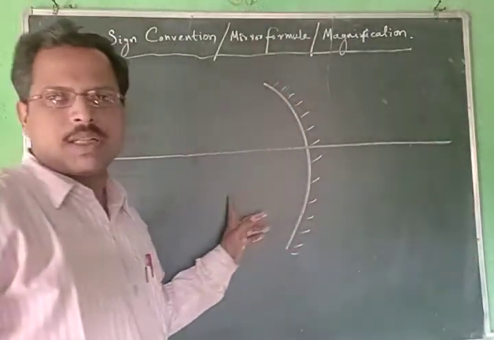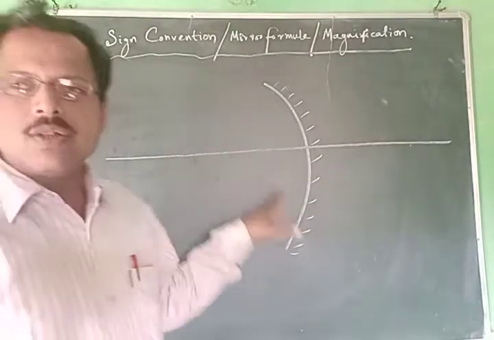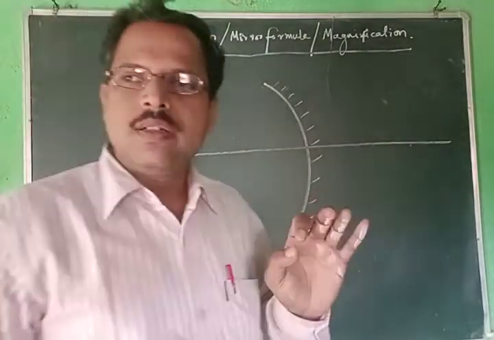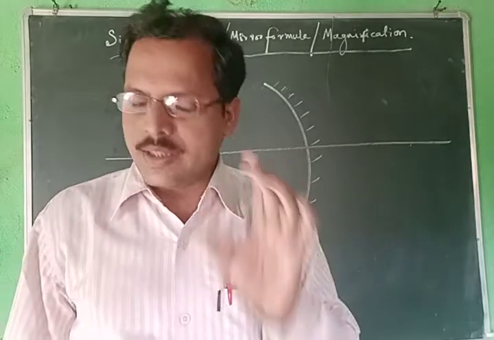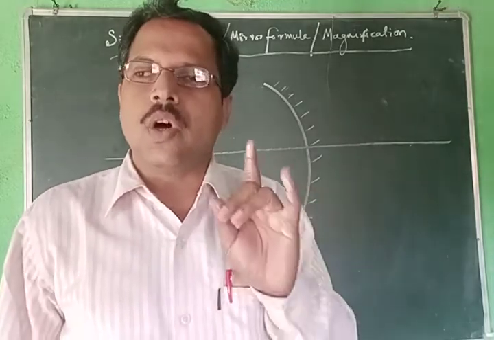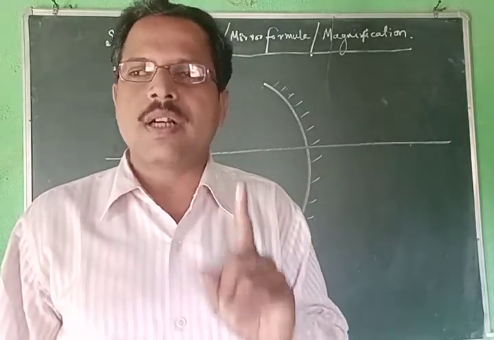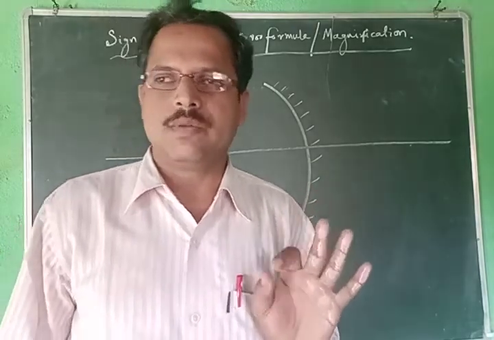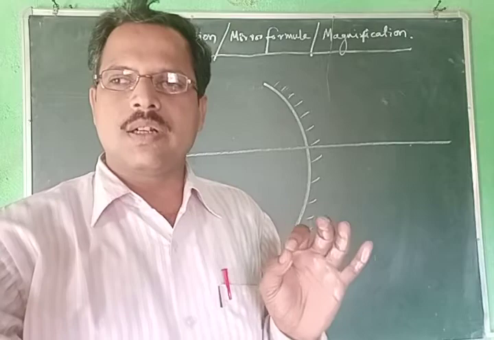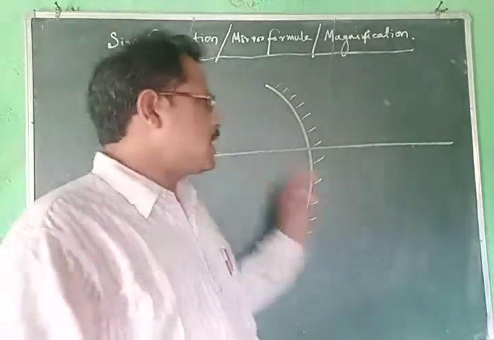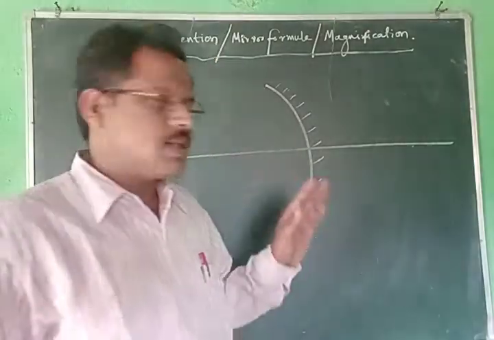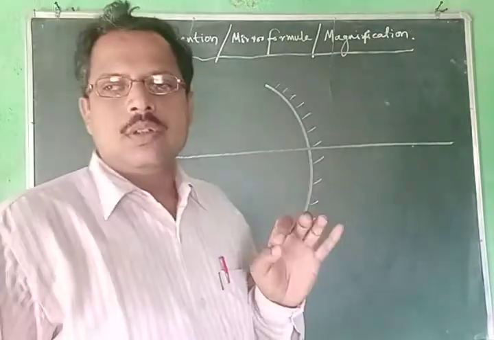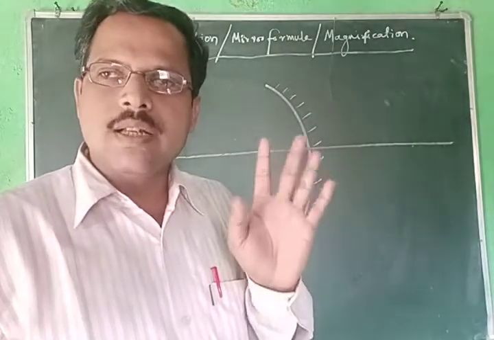While measuring the distances, all measurements are done from the pole. So the first point: all distances are measured from the pole. Take the pole as the origin.